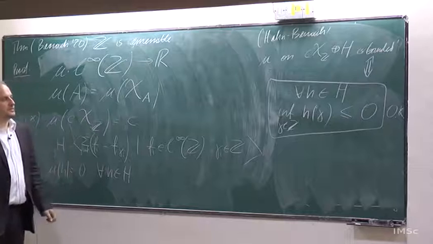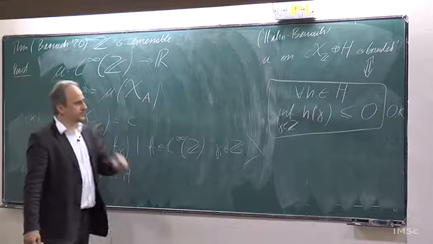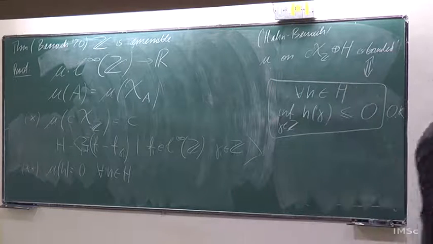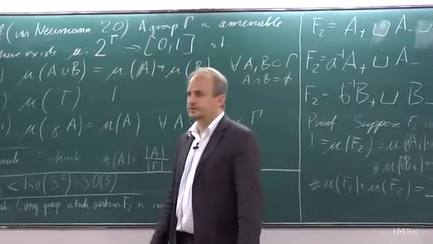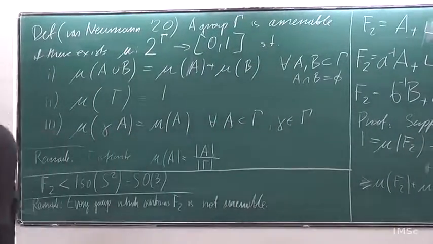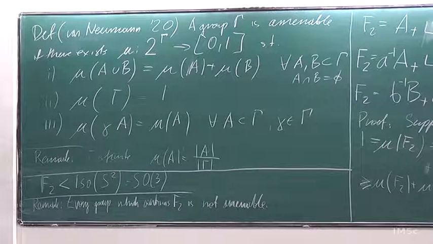Okay, so that's the proof of amenability, of existence of such a measure, for integers, and it seems to me that it's still the easiest way of proving it.